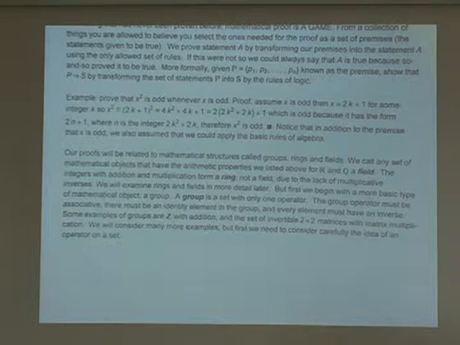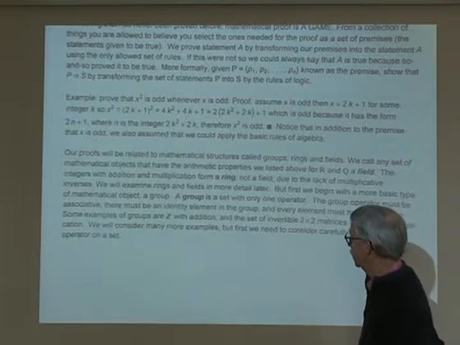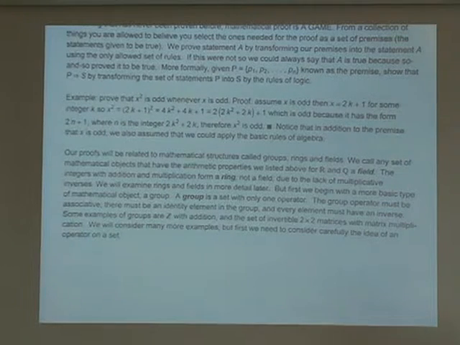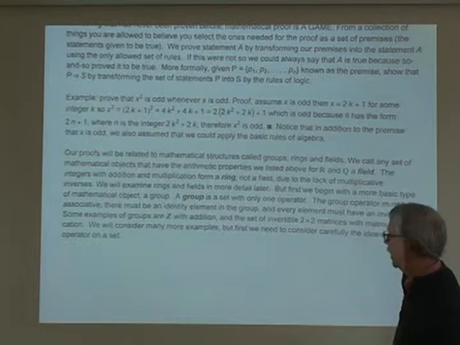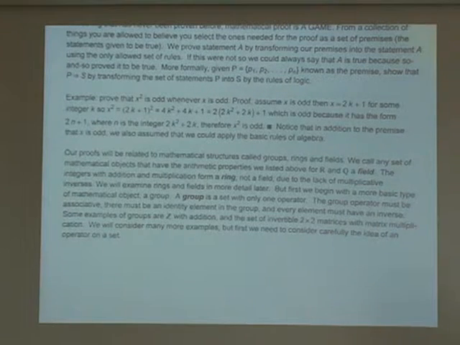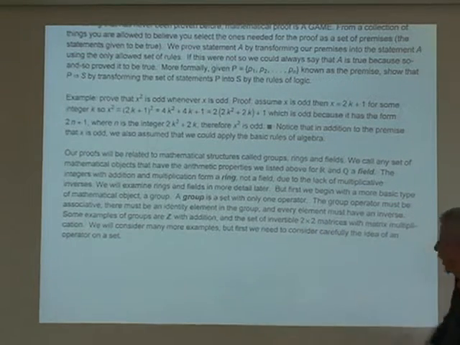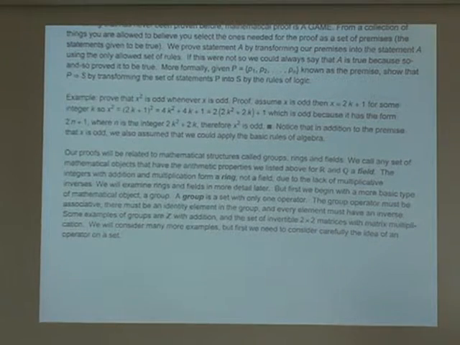A more basic type of object is a group. I only have one operator, and the operator, remember, must be associative, there must be an identity, and every element must have an inverse. Z is a group with addition. The set of invertible 2x2 matrices with matrix multiplication is a group. In fact, it's the general linear group, right?